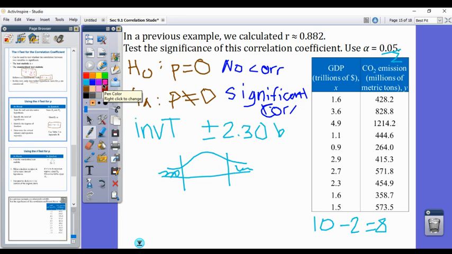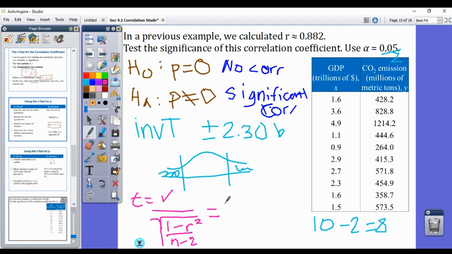So in this case, okay, here's my formula, t equals r over the square root, and this is all under this square root here.